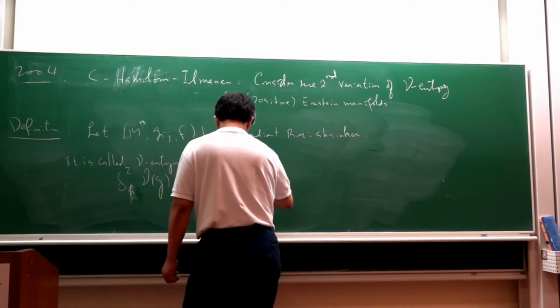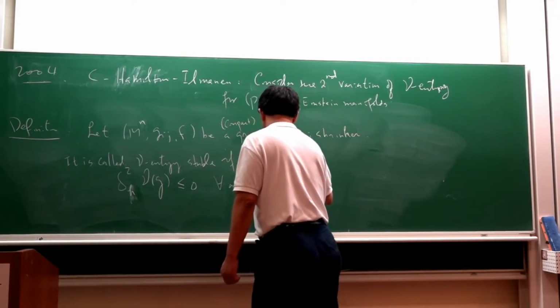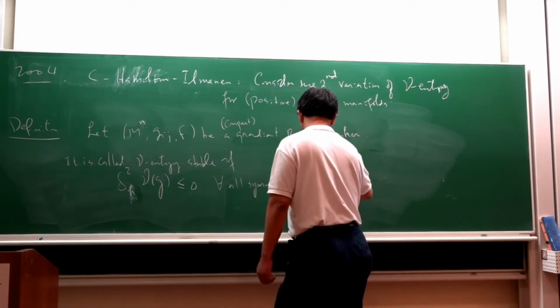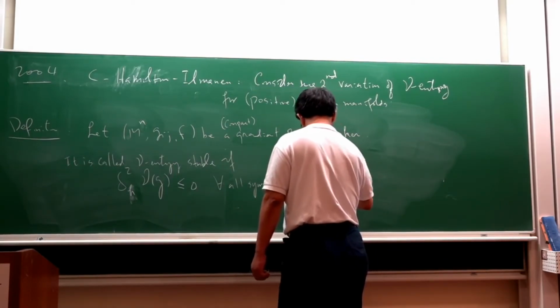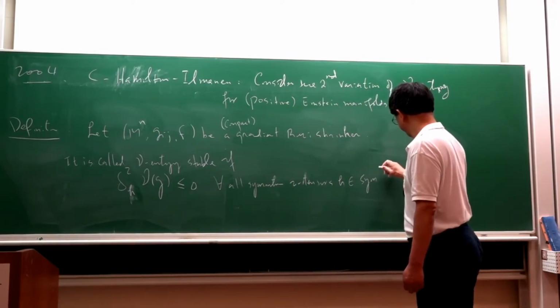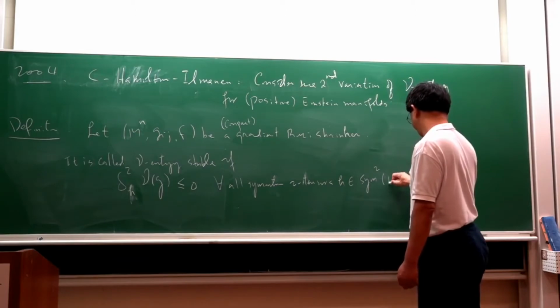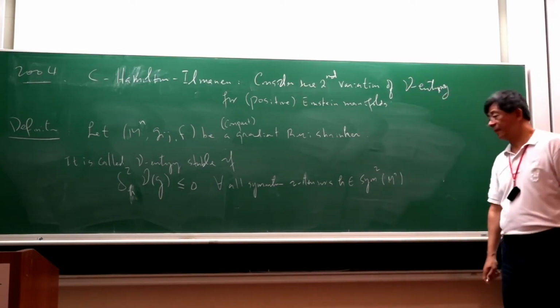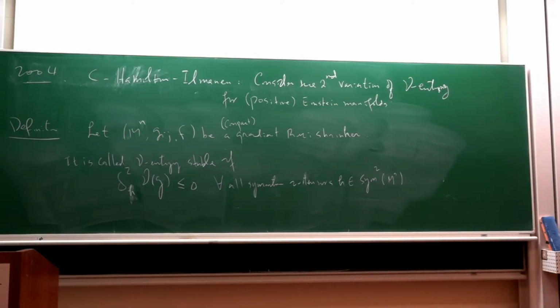For all symmetric two-tensors h. The symmetric two-tensor, so that's in the tangent space of metrics, right? So essentially you are more like at a local maximum.